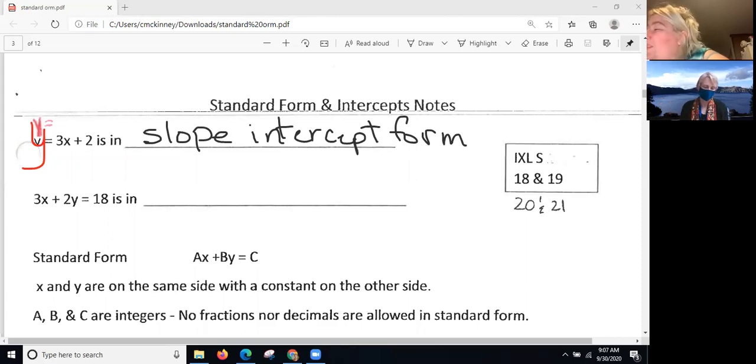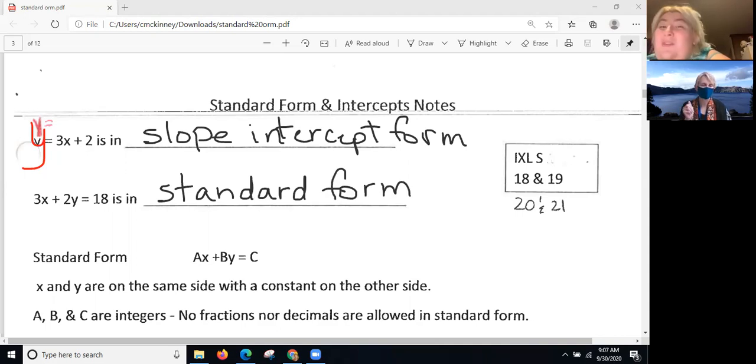This second equation is in standard form. In slope-intercept form, the y is always by itself. In standard form, the x and the y are always on the same side, and they're equal to some constant. They could be added or subtracted because one of them could be negative, right? So when x and y are on the same side, equal to the constant, that's called standard form.